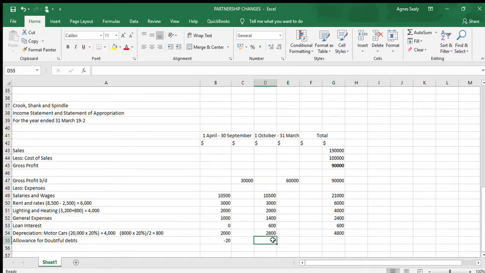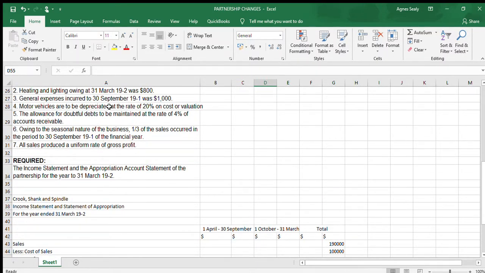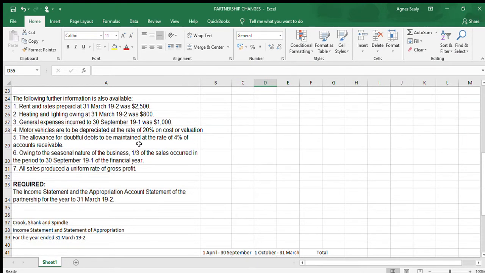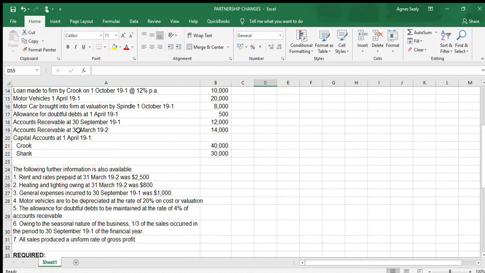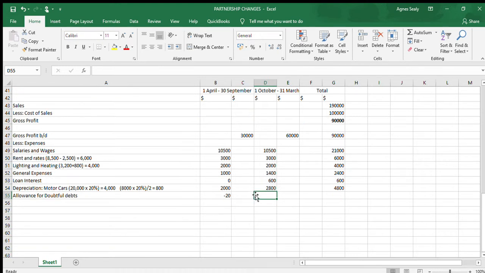So now let's look at the allowance for the second period. From October 1st to March 31st, our receivables were $14,000, sorry, times 4%.